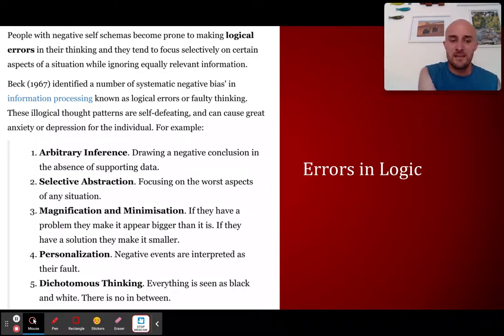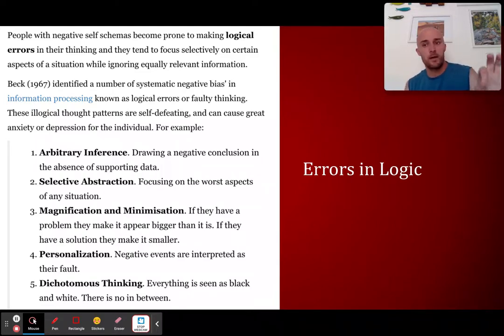Another thing is that negative events are interpreted as their fault. This is personalization. For example, their friend gets in a fight and gets jumped and beaten up, and people with depression would somehow find a way to think that they are to blame, that it's their fault, and they feel unnecessary and excessive guilt.